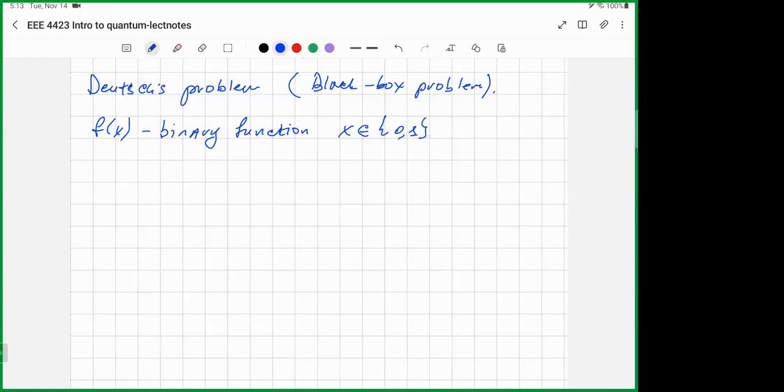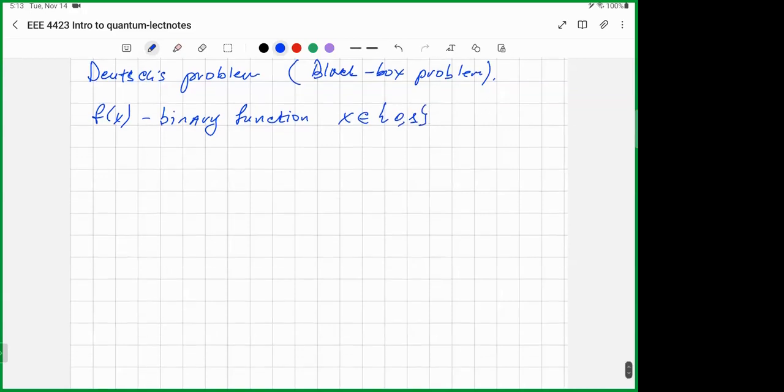This function gets zeros and ones as the input, and it returns either 0 or 1 in the output.